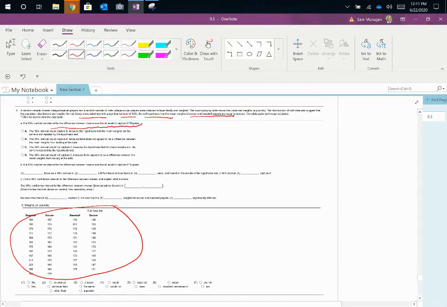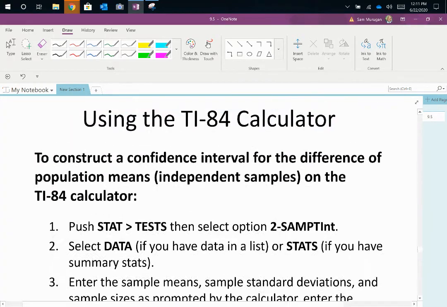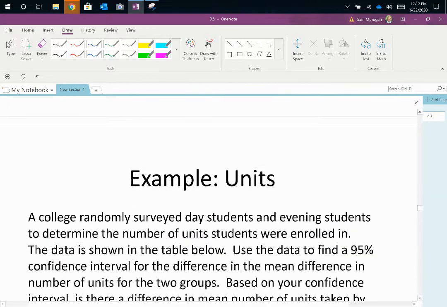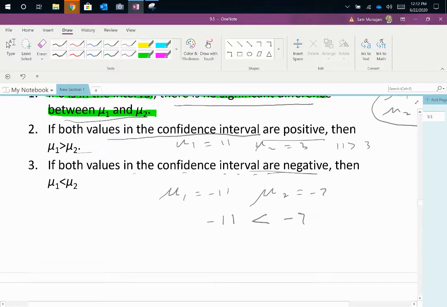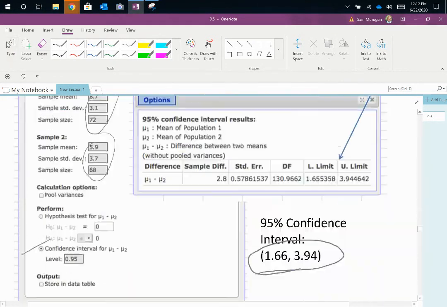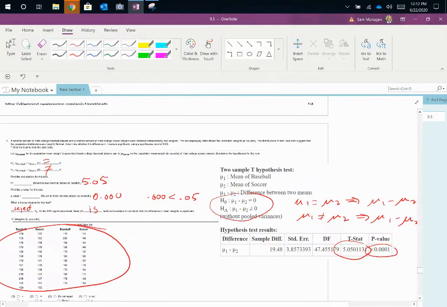Would it capture 0? Coming back to our notes, remember we spoke about this capturing 0, and I want to go back to see what it says. If 0 is in the interval, there is no significant difference between mu1 and mu2. So we go back to the answers here and look to see which one expresses that thought.